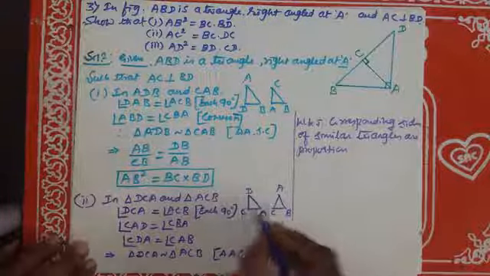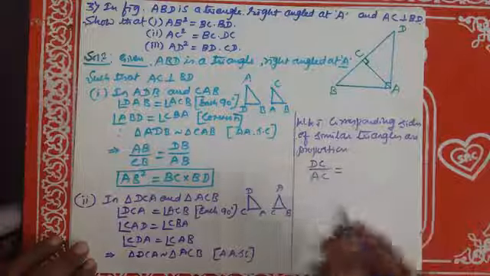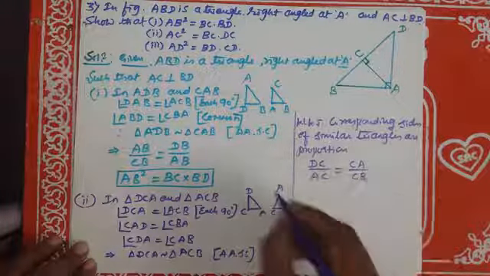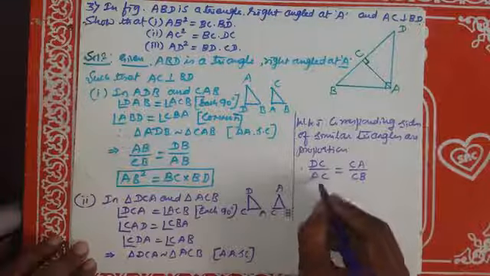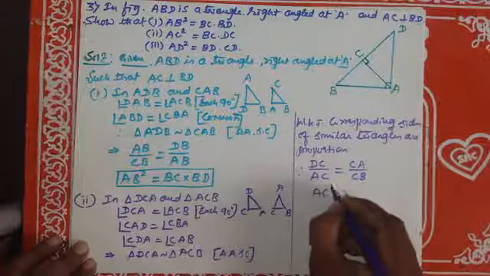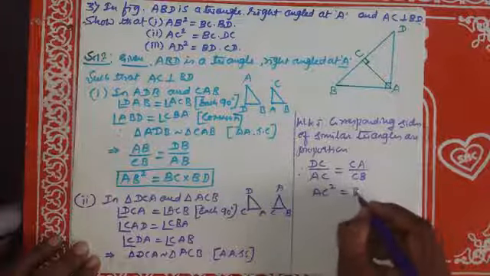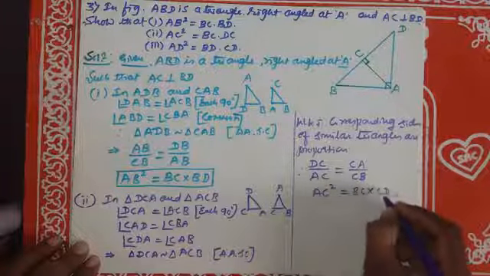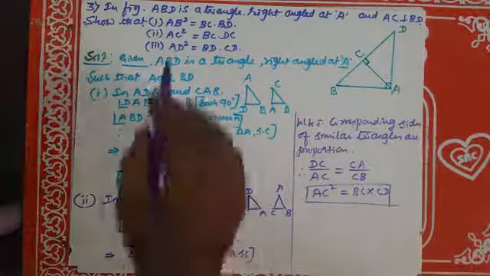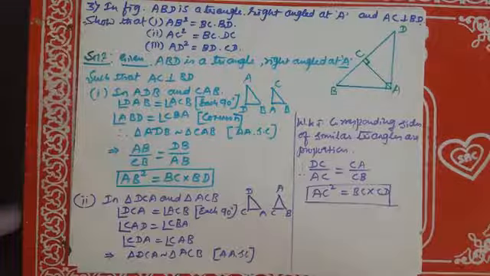Let us see here: DC by AC equals CA by CB. By cross multiply we get AC into AC, AC square, is equal to DC into CB, or BC into CD. The second one we proved. AC square is equal to BC into DC, or BC into CD, same.